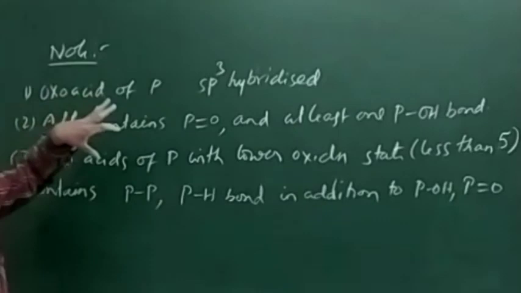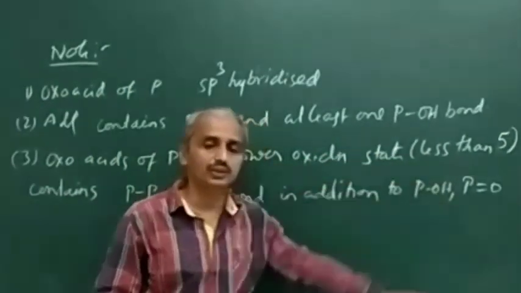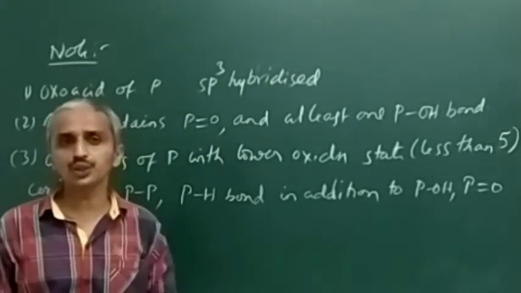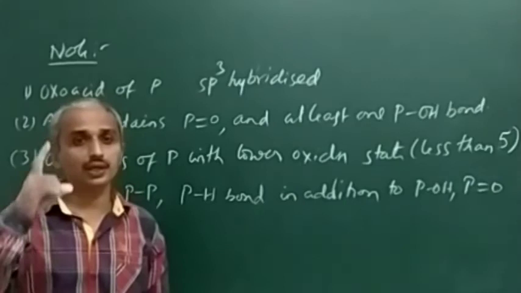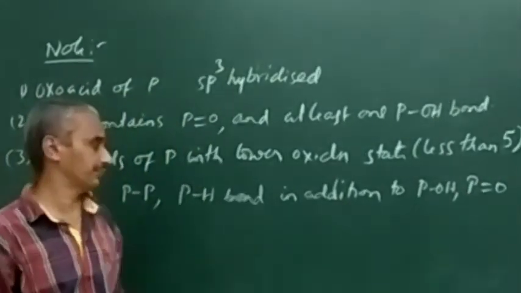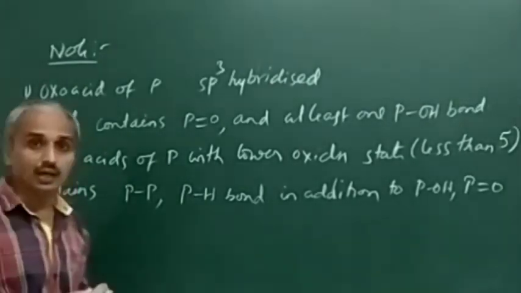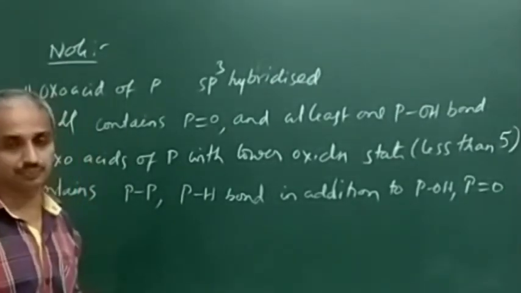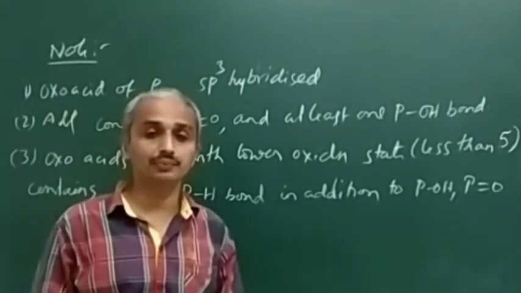Then, if the oxidation state of the phosphorus is less than 5, then definitely in addition to POH, P double bond O bonds, there will be at least one PH bond or PP bond. Where is the PH bond? Hypophosphorus acid, PH bond is there. Orthophosphorous acid, again the PH bond is there.